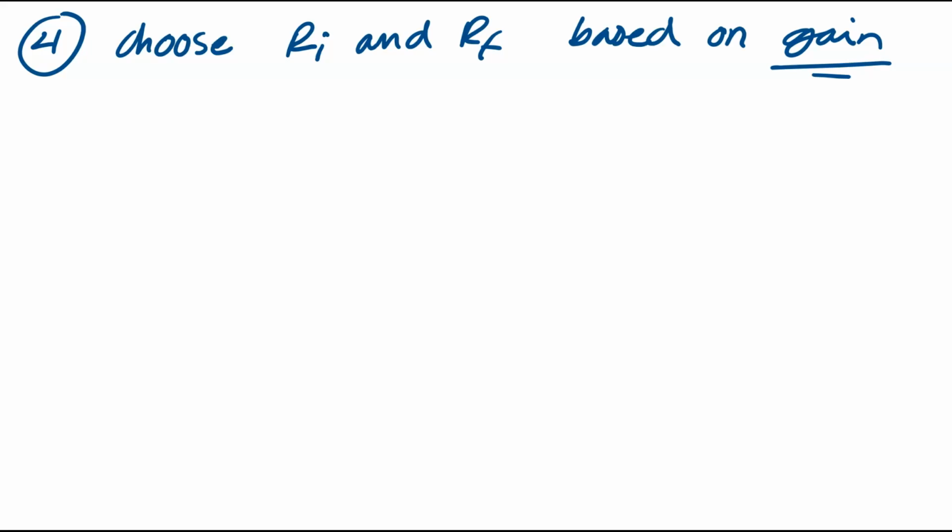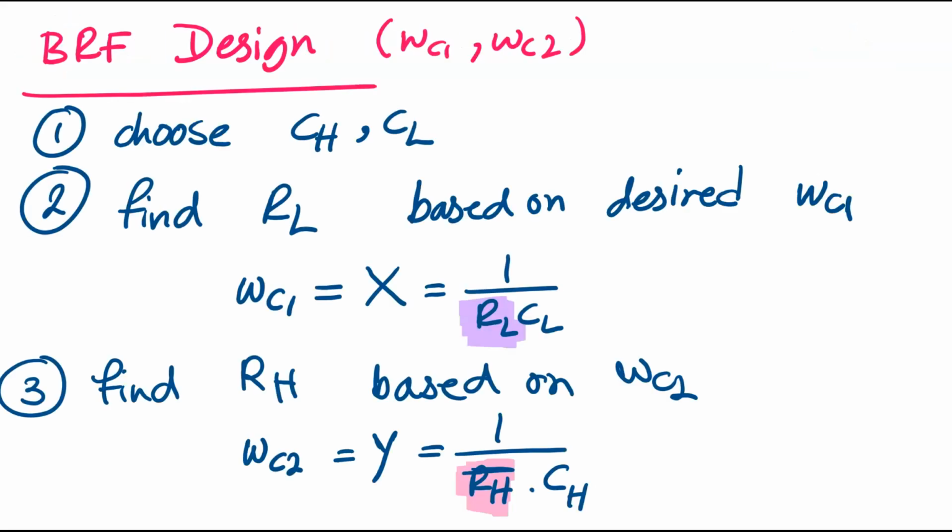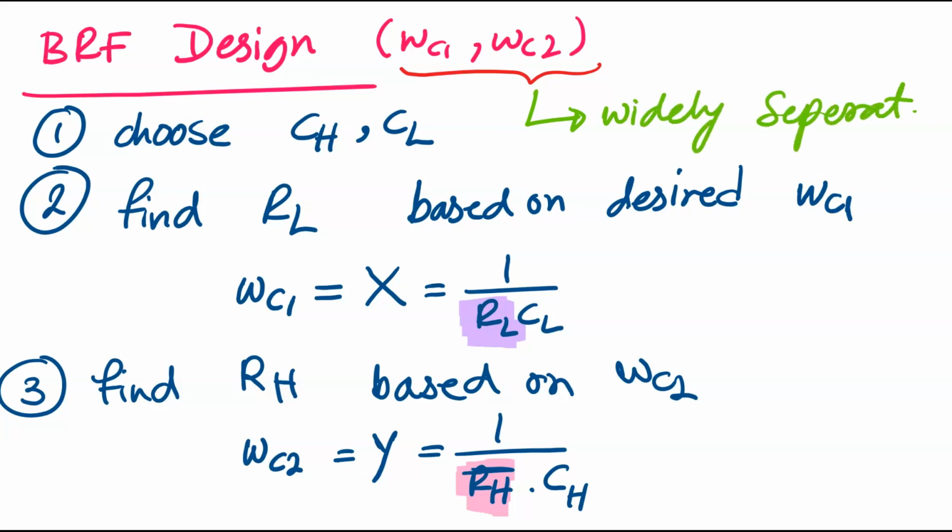I have to choose RI or RF, and then I can find the other one based on my desired gain. Now remember that these steps are correct if you can assume that your frequencies are widely separated. If they are widely separated, then this approach works.